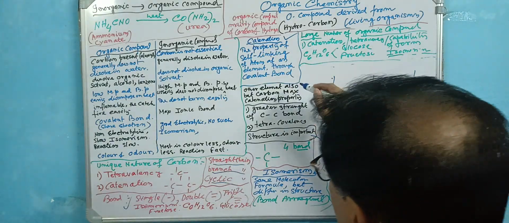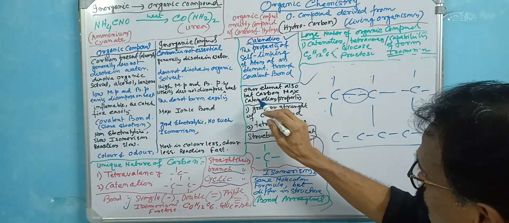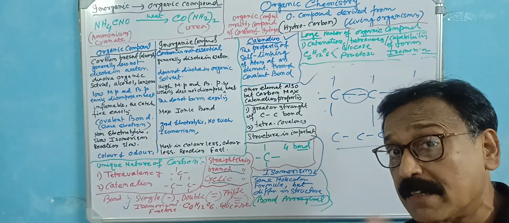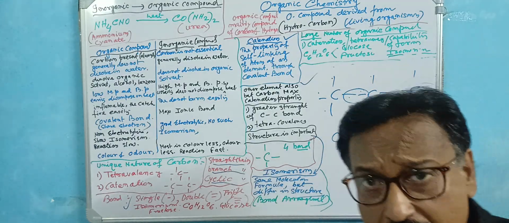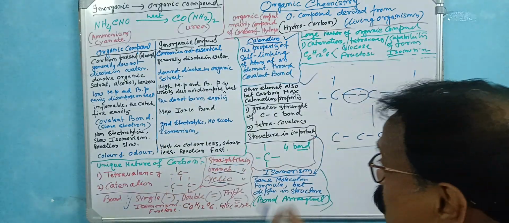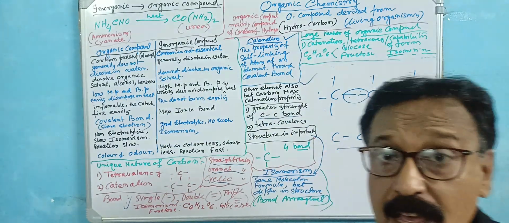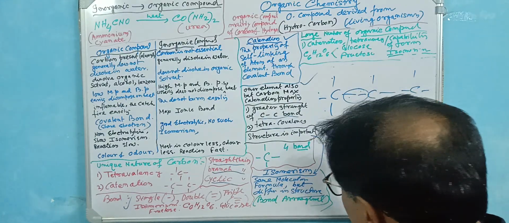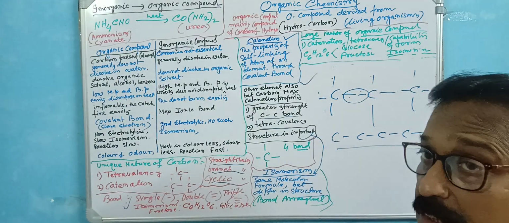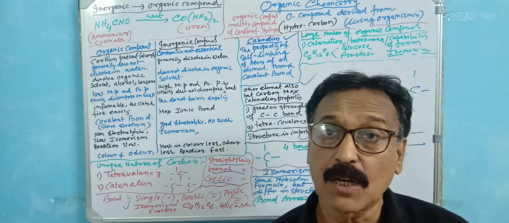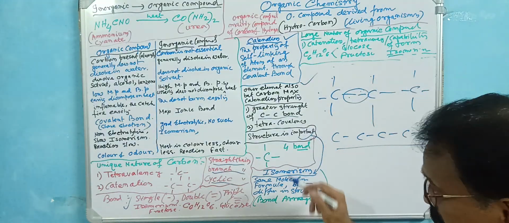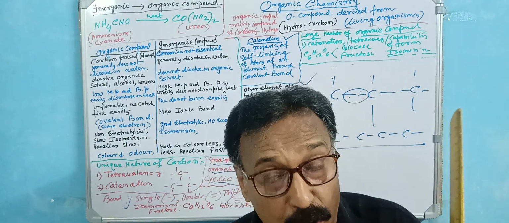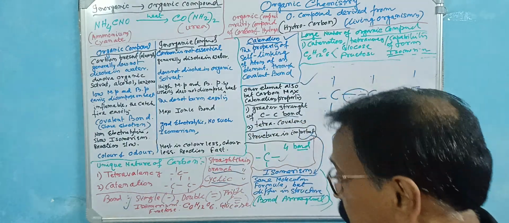Other elements like silicon also have catenation properties, but carbon has the maximum, because the carbon bond is very strong, and the tetravalency and the structure are important. Different structures are formed in the case of carbon. Each and everywhere you just complete the 4 hands of carbon, because of the valence.